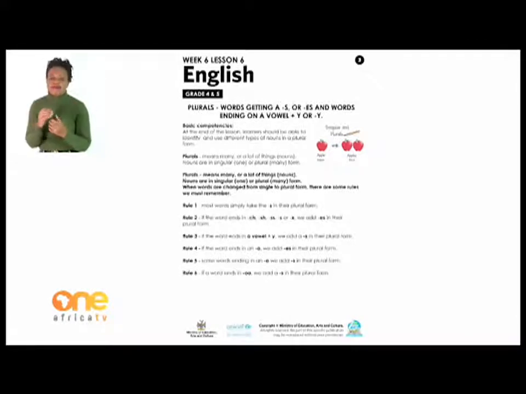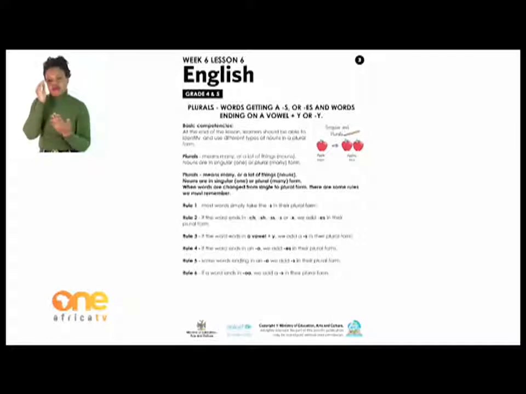But before we get deeper into our lesson, let's talk about the competencies. At the end of the lesson, learners should be able to identify and use different types of nouns in plural forms.